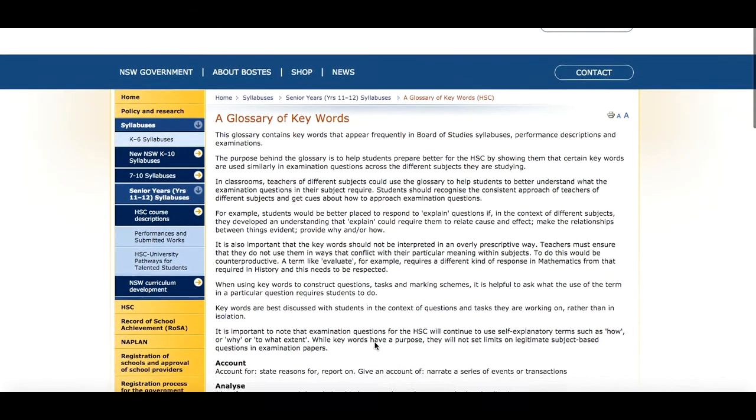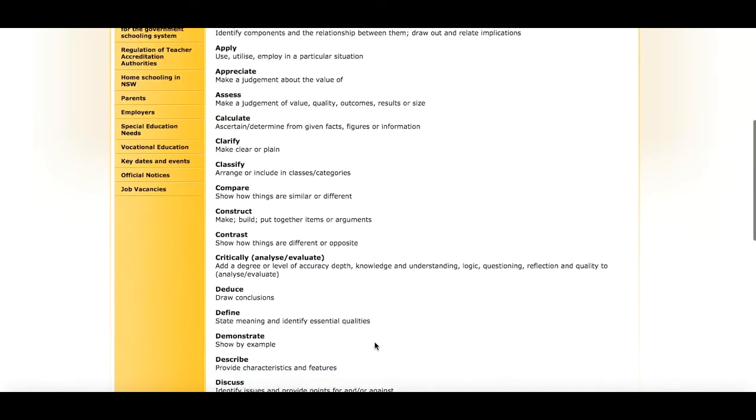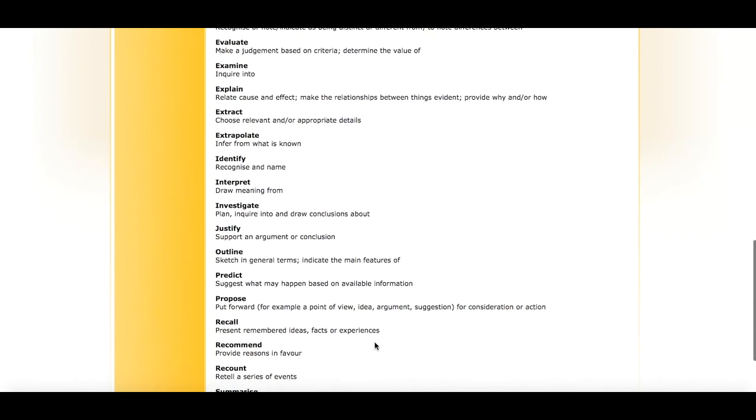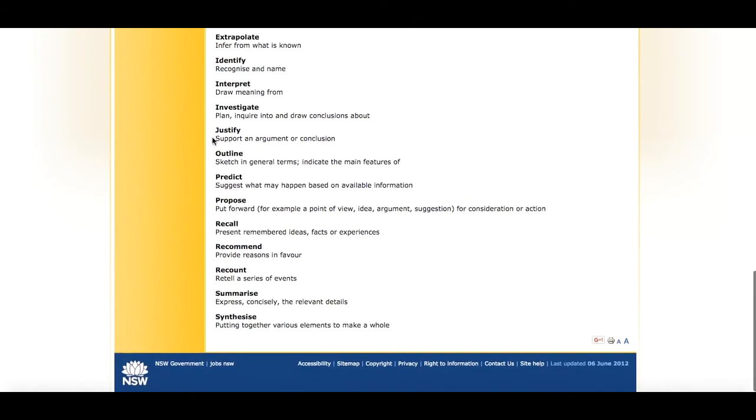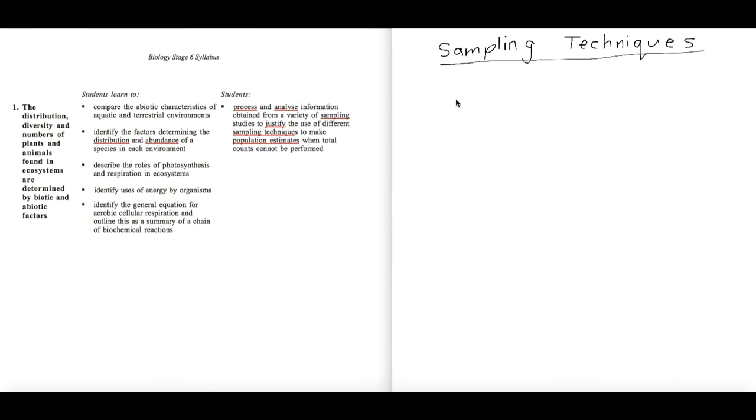Well, if we scroll down on the Bostis website, justify means to support an argument or conclusion. So what this means is we need to look at the sampling techniques and justify their use. So support why these techniques should be used.